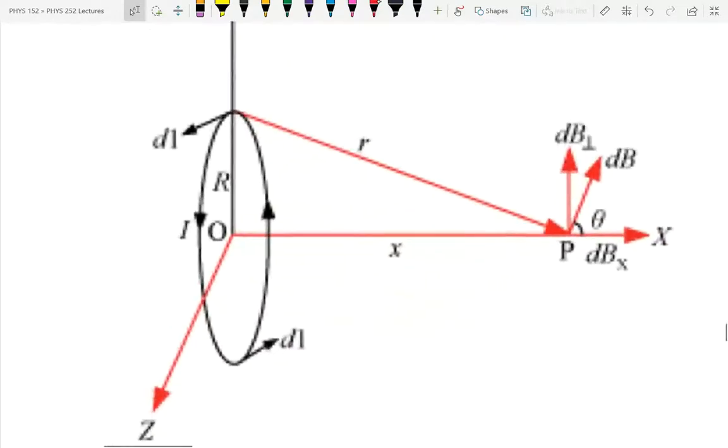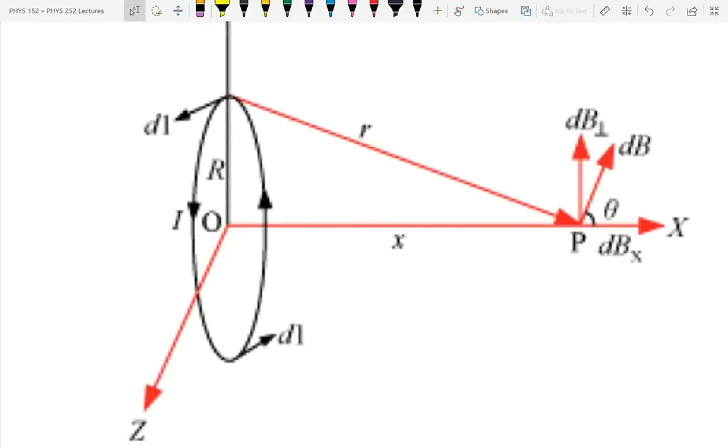So here's a picture showing current going in a loop. And so based on the axes here, you see that this is the z-axis. So the loop is out toward me on this side and going away from me on that side. And I want to find the magnetic field produced by that current at this point P. So just like with Coulomb's law, the first thing I'm going to do is find what dB is.